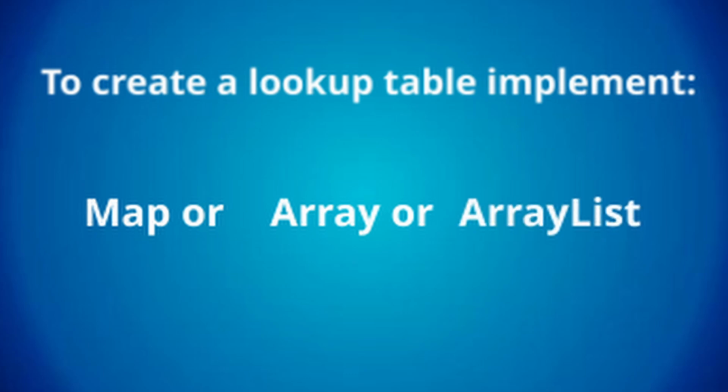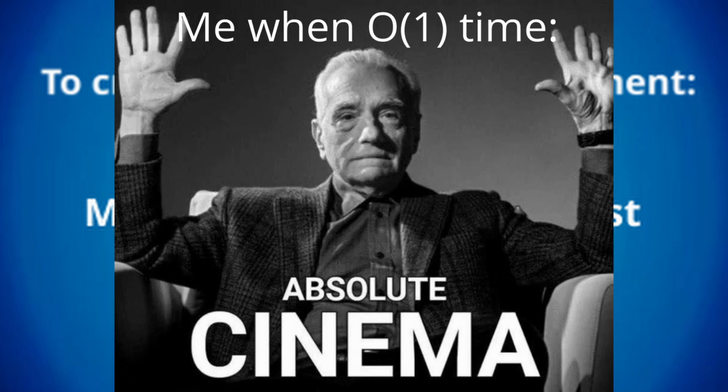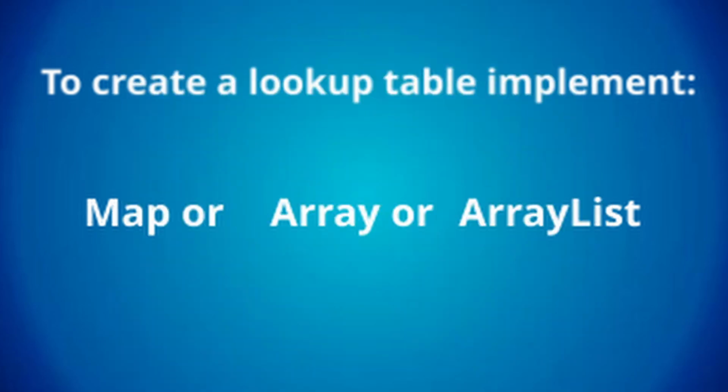You just need to get the element one time. For a map, you would be using the keys as the index, and for an array list, the equivalent to the keys would be the index, of course.